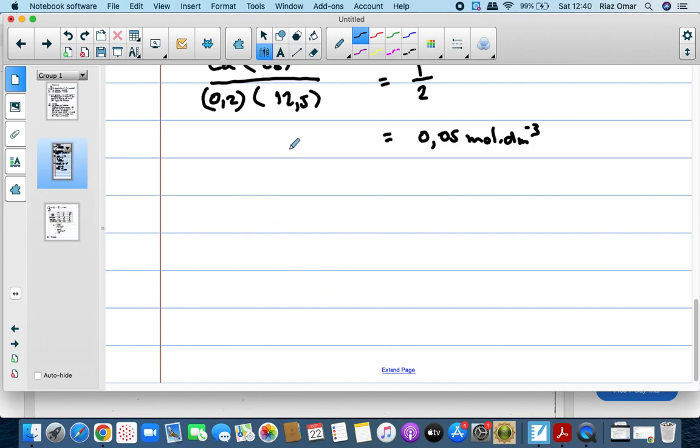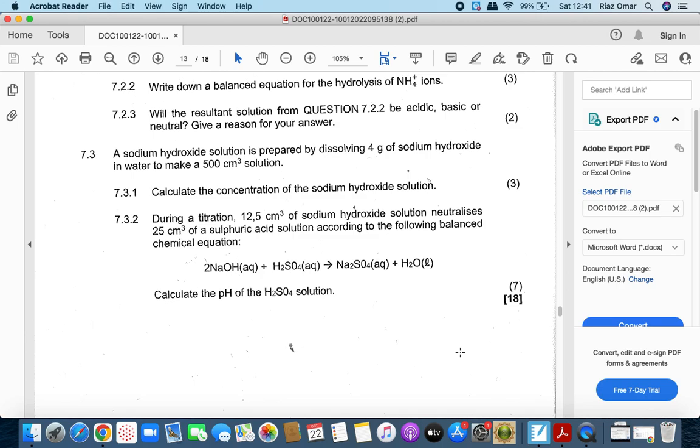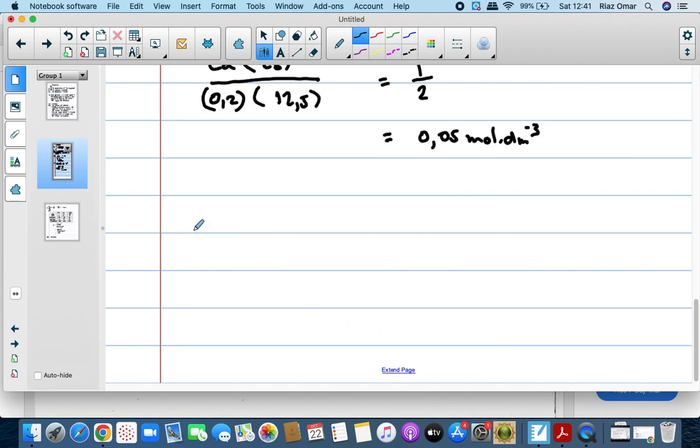Right. But when we work out the concentration of the acid, we see calculate the pH of the H2SO4 solution. So pH, we know that pH is equal to minus the logarithm of your H3O plus ion, or your H plus ion, whichever way you want to say it. But now, if you got 0.05 mole per dm cube H2SO4, what happens when it breaks up?